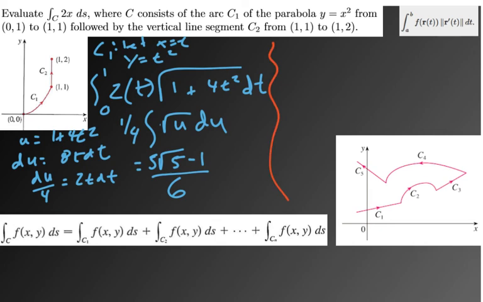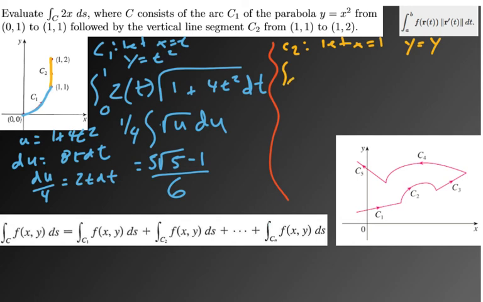That's curve 1. Curve 2, let's do a different color here. Curve 2 is the vertical line segment. So this part is curve 2, and this was curve 1. Here I'm going to let x just be 1, and then let y equal y, or you can just think y equals t. It doesn't really matter.